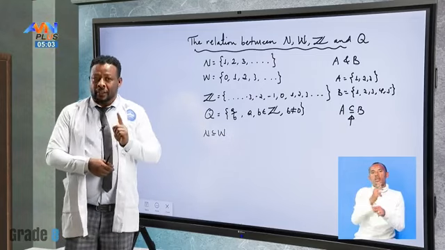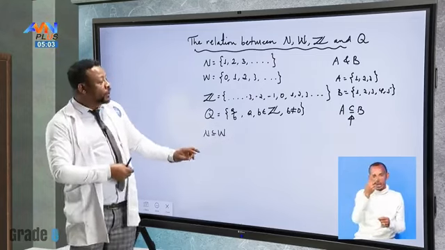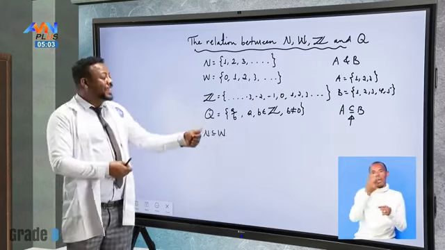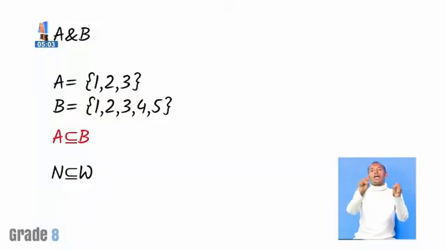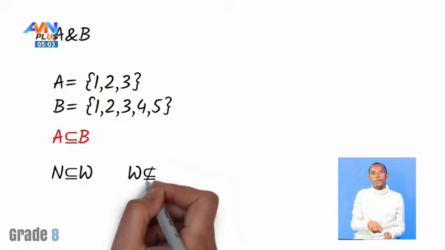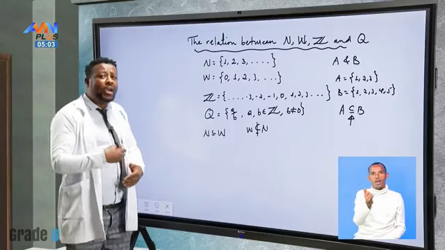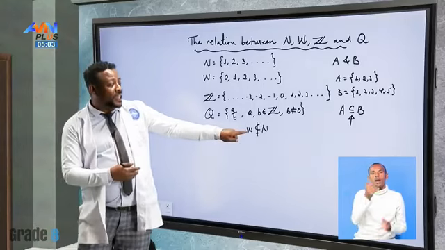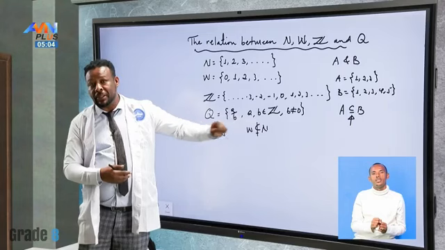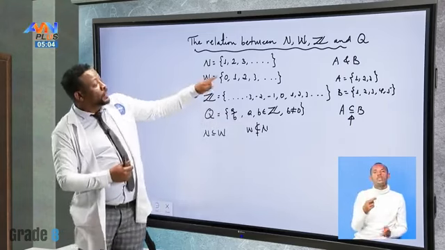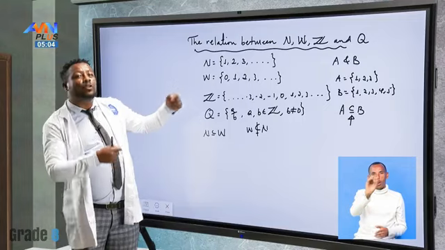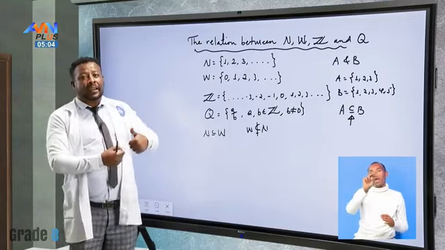You have to be very careful. We cannot say that W is a subset of N. Can you guess why we can't say the set of whole number is a subset of N? Because of the presence of this element, the number 0 is included in W, but not in N.